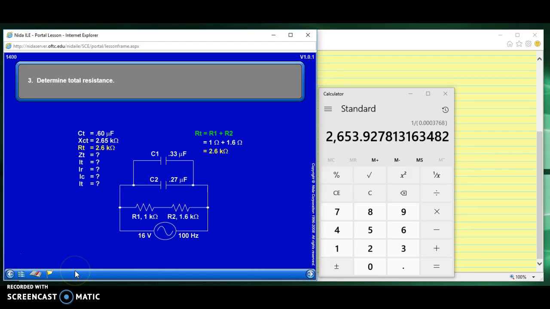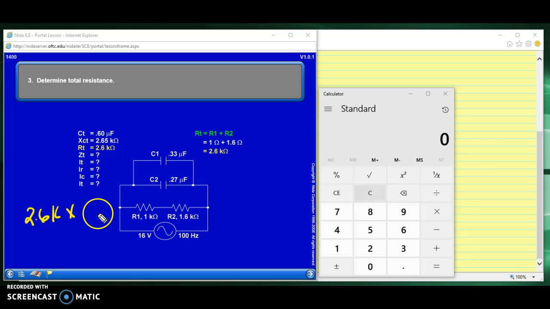Hopefully you didn't peek. But let's do ZT. And this is that big, complicated formula. It's not really that complex. It's just large in size. So let's apply that formula. So our total R, which is 2.6 K, times X of CT, the total, which is 2.65.